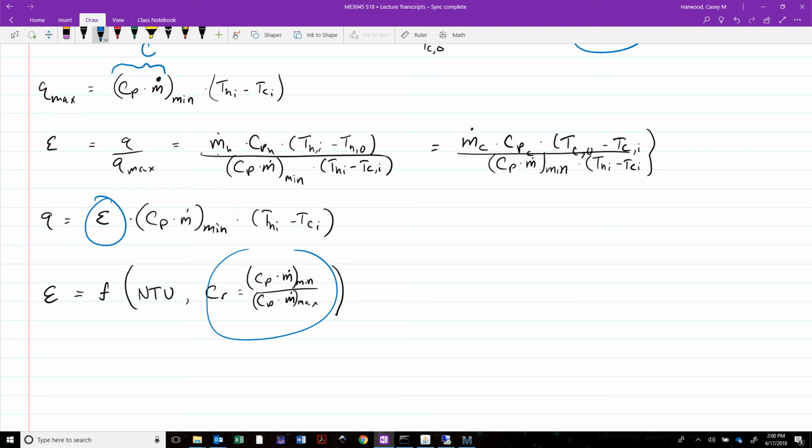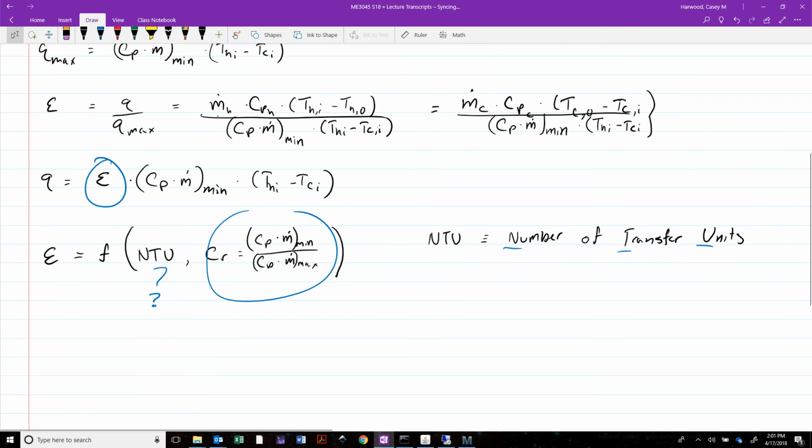But this NTU is the real unsure one. NTU actually stands for the number of transfer units, and it's a somewhat archaic term, but it's very commonly used in the design and analysis of heat exchangers.